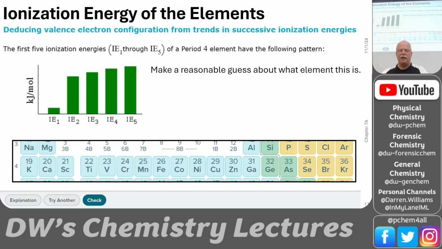So now we get to the ALEKS problems. I like these problems because this is using the data that you would get from the lab. So you're going in here and you're looking at the ionization data. Now we have some other ionization energies. So IE1 is the ionization energy for the first electron to come off. Okay, so this went from the neutral.